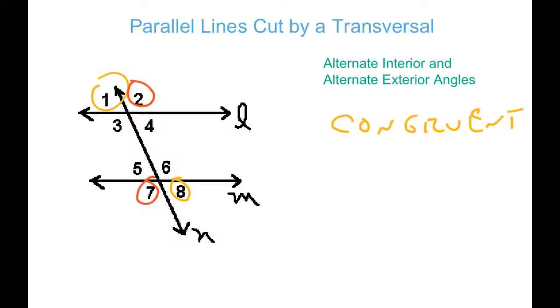If angle 7, let's say, was 100 degrees, angle 2 would be 100 degrees. And then same thing with alternate interior. Angles 3 and angle 6 would be the same. And angle 5 and angle 4 would be the same. And that's special. If I know one of the angles, I can know the other angle because I know that alternate interior angles are congruent and alternate exterior angles are congruent.